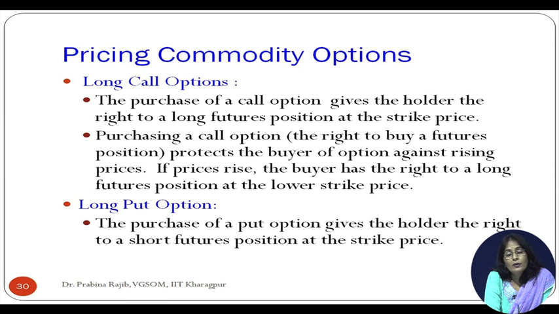If you recall, the exchange listed commodity options do not have the commodity as the underlying, but they have commodity futures as the underlying. And the long call option position holder, whenever he exercises, gets to take a long position in the underlying commodity futures contract.